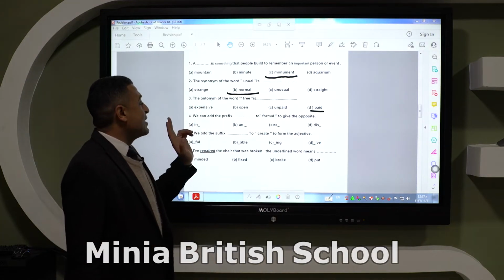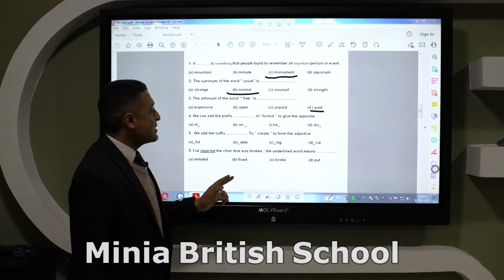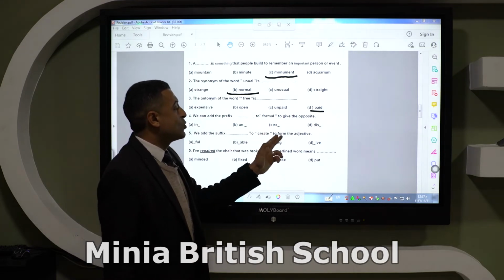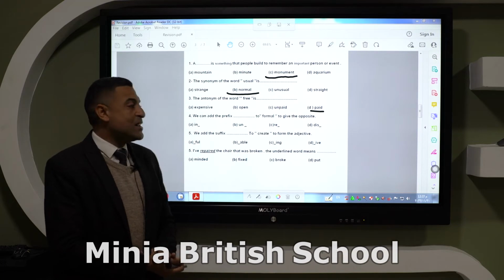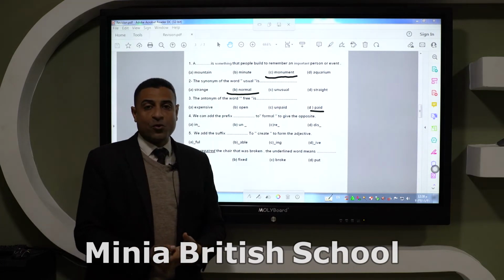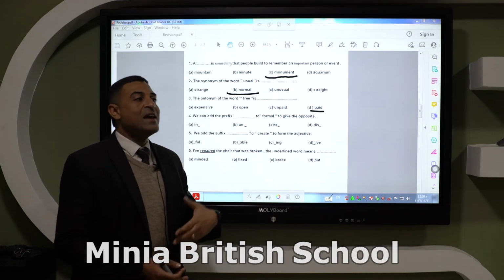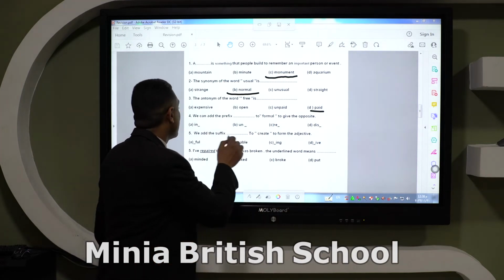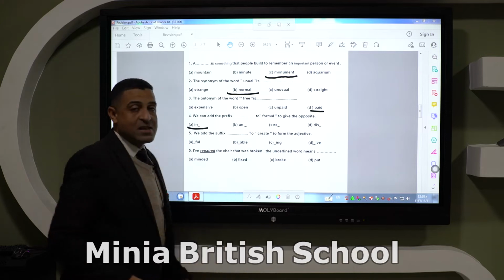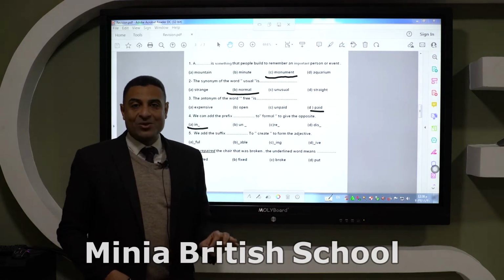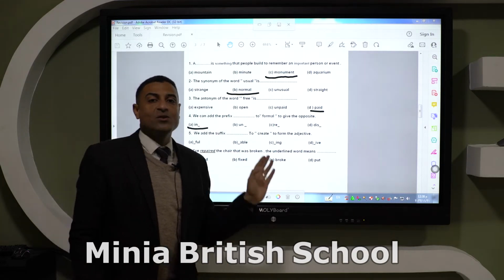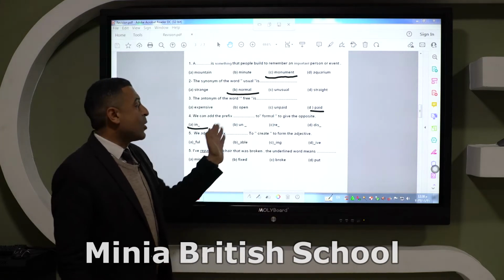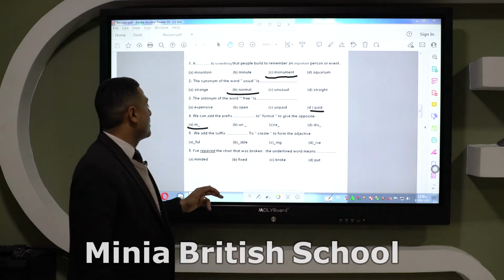We can add the prefix blank to formal to give the opposite meaning. If I have something formal, the opposite is informal, and this is the meaning of the word prefix: some letters that I add at the beginning of the word to get the opposite, or the antonym of the word.